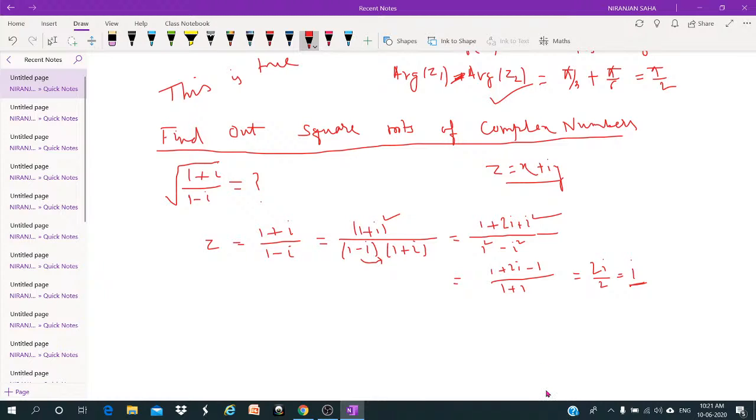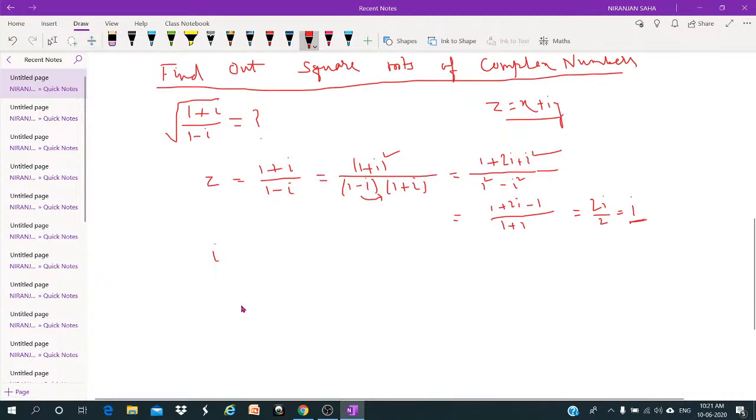So how can we find the square root of iota? Iota can be written as 1 by 2 into 1 minus 1 plus 2 iota.